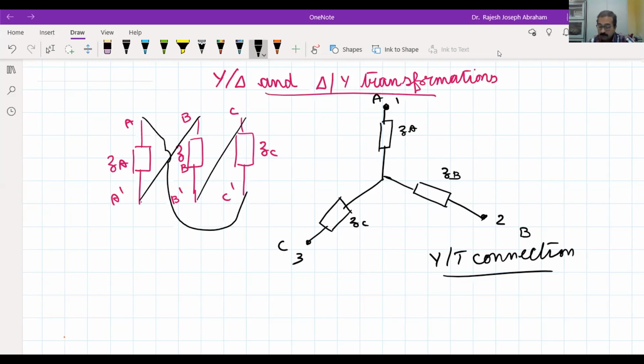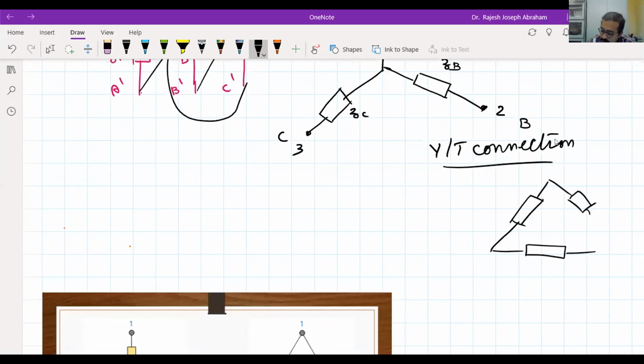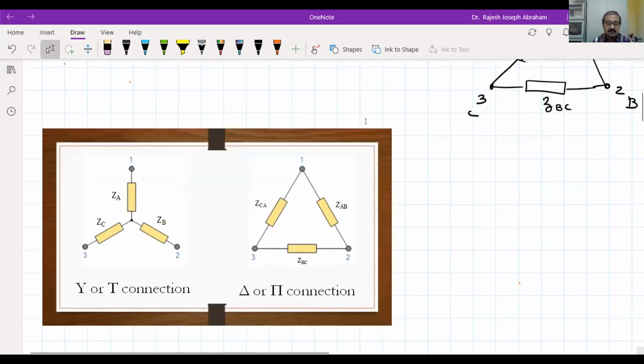So by that statement I mean I can connect impedances like this in a closed form. So here again I have the same 1, 2, 3, or I can write A, B, and C. So between A and B, I get what is called ZAB, between B and C, ZBC, and between C and A, I have ZCA. That is what is shown here.